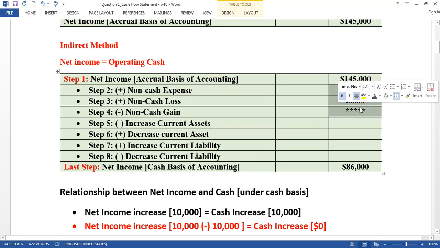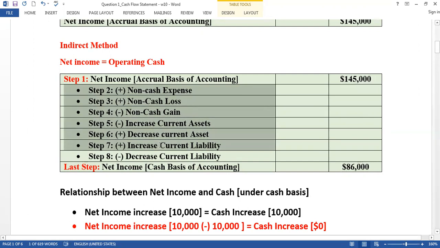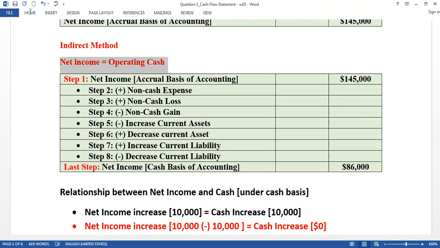We start with $145,000 accrual basis net income, but we find that actually cash basis net income is $86,000. In the middle, we do this kind of plus and minus. We should prove this.